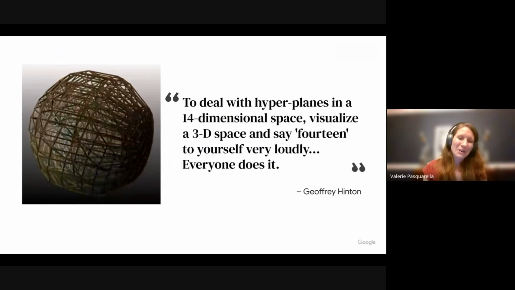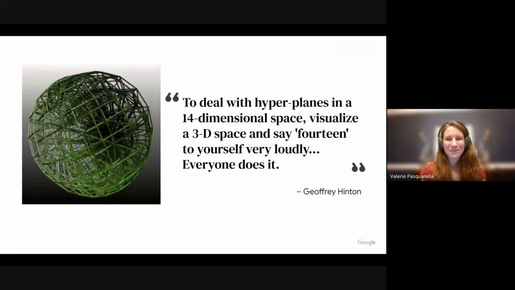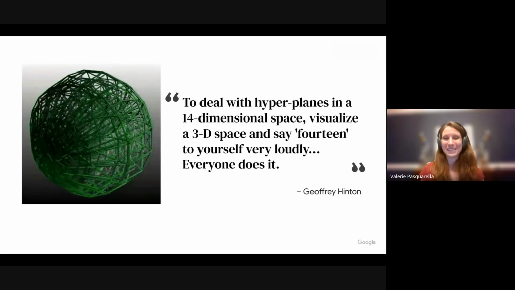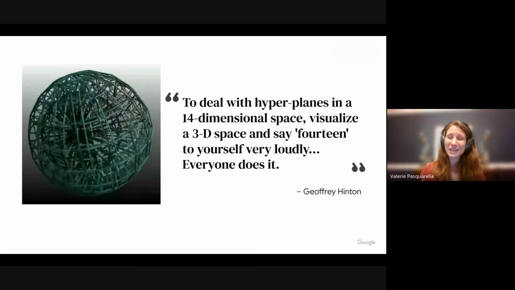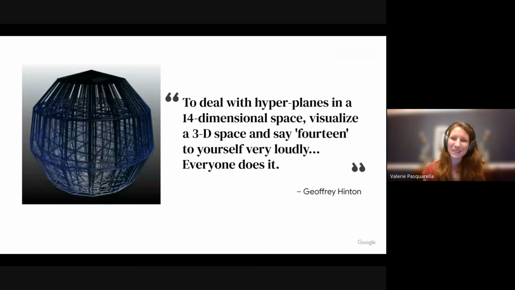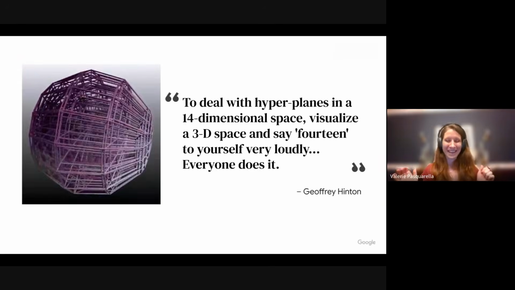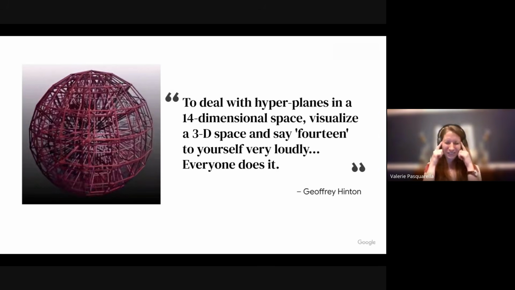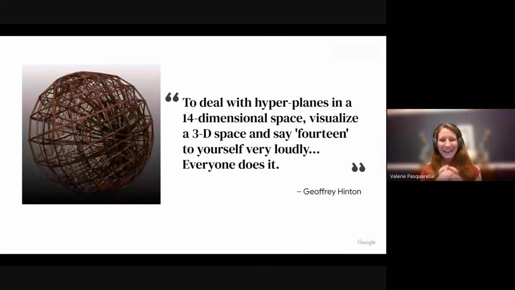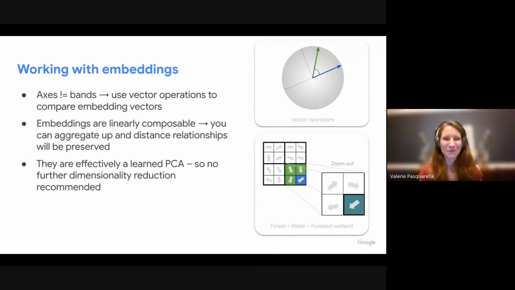And just a quick fun quote, I love this quote from Jeffrey, on visualizing these spaces. You'll see a lot of spheres in my presentation when we're talking about the 64D space, and you can do what he does. When you look at those spheres, just tell yourself 64 in your head and it should get you through.